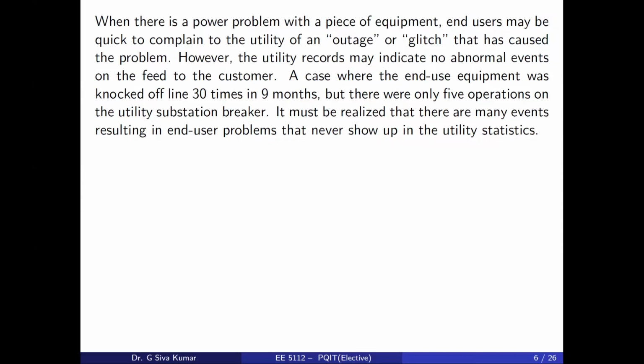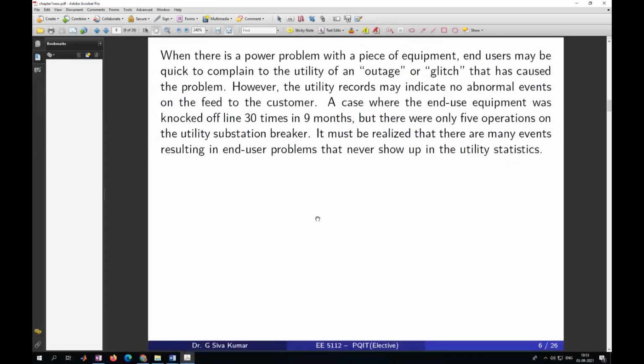But the utility is recording the breakdown of the entire system hardly around 5 times. This is all going to happen because of a failure in the end user equipment.